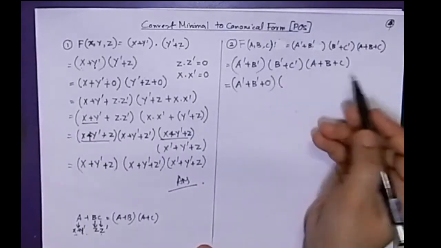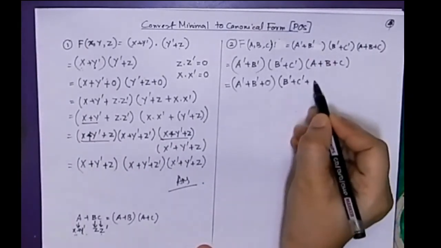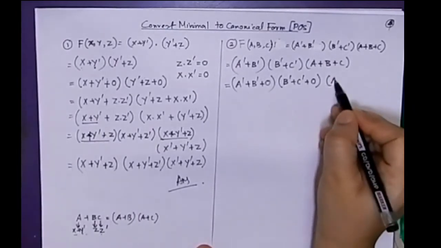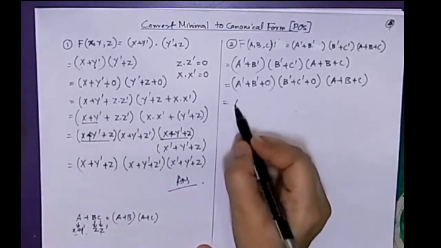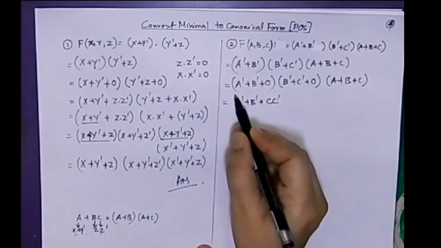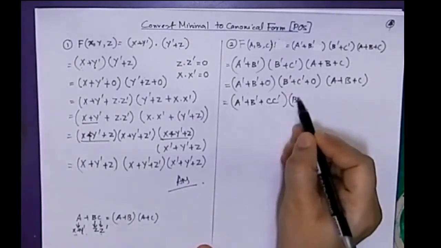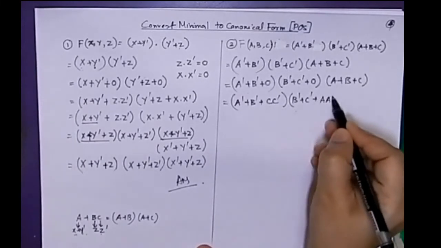If 2 terms are missing, then we will write 2 zeros. Here A is missing, so I will write 1 zero, and here nothing is missing, so I will not add any 0 over here. So this 0 will be replaced by C dashed. This one will be replaced by A dashed, because A is missing in this term.